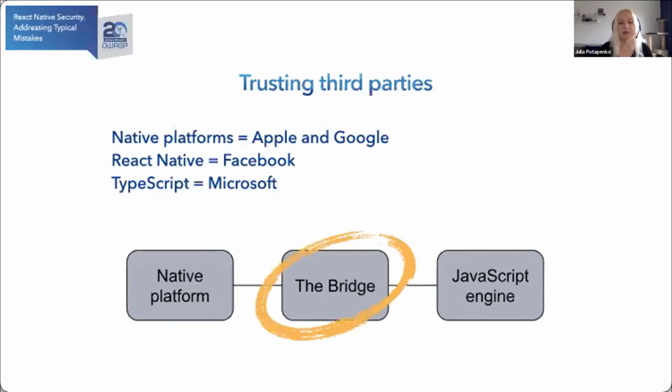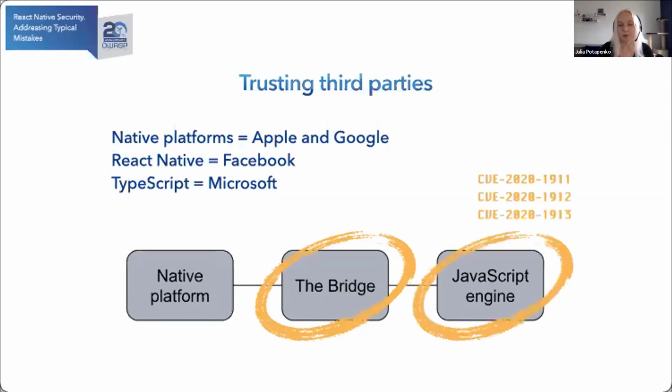The problem here is that each new third-party component makes the attack surface wider. If the bridge is broken or Facebook stops supporting it or something else happens, your React Native app stops working as well. And the same problem goes with JavaScript engines. If you choose using custom JavaScript engines, you will need to deal with it as well.